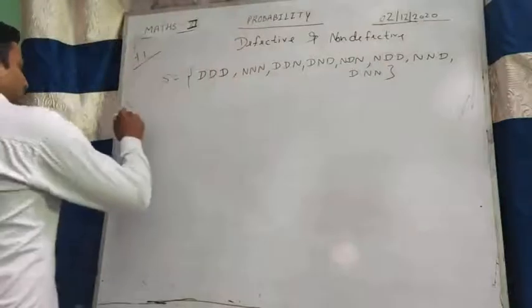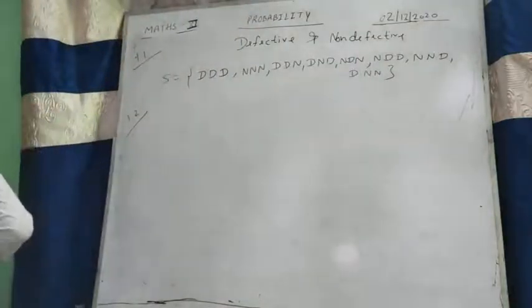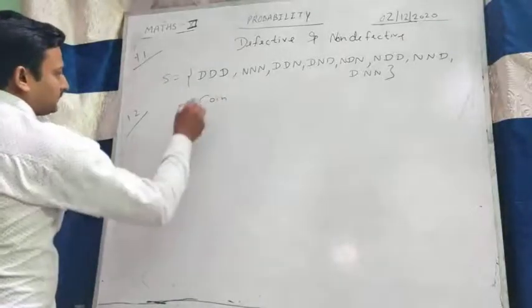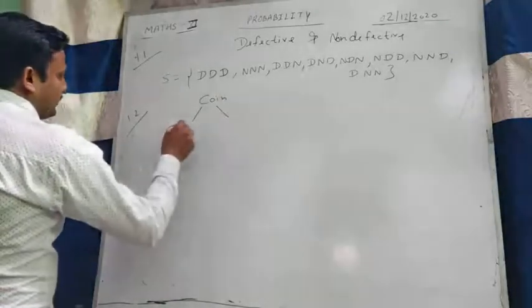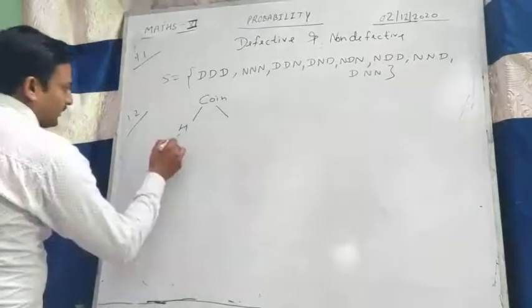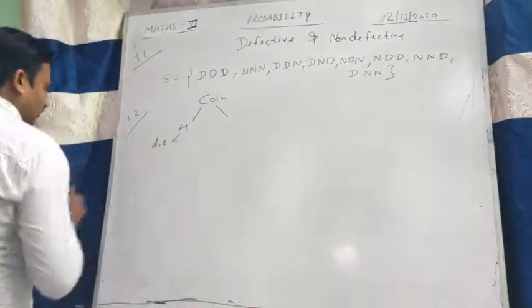Now we will see question number 12. A coin is tossed. If the outcome is head, a die is thrown.